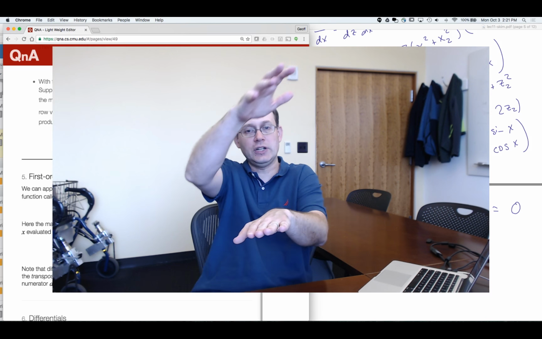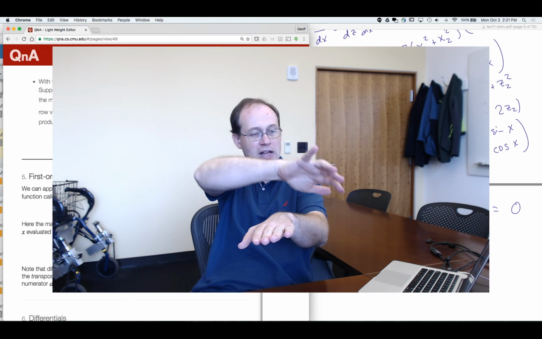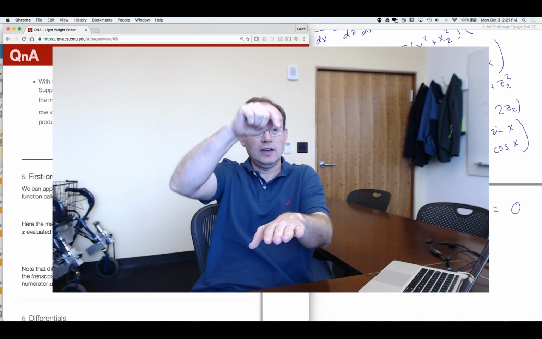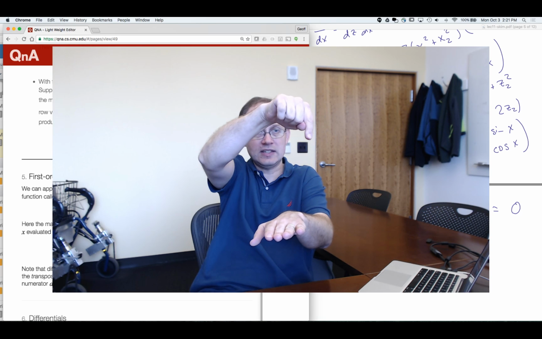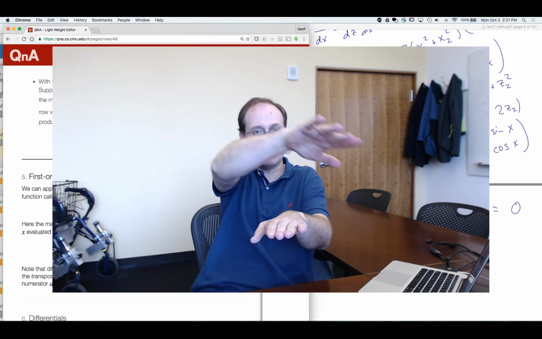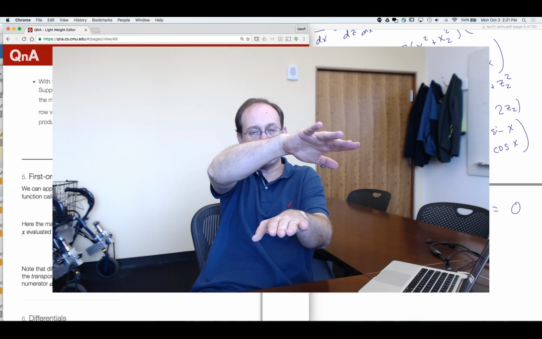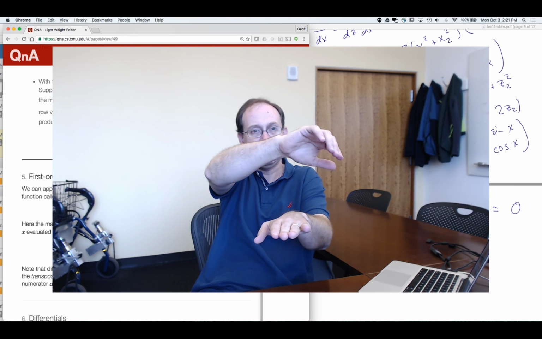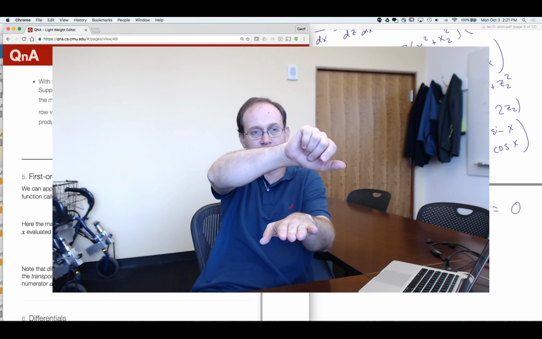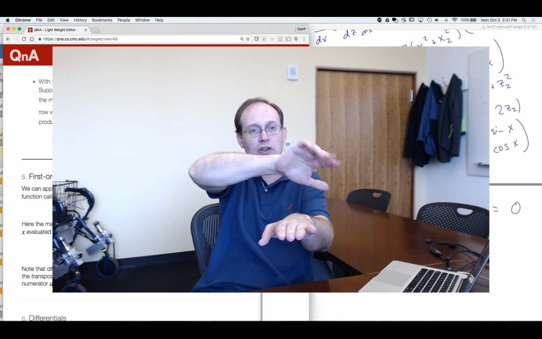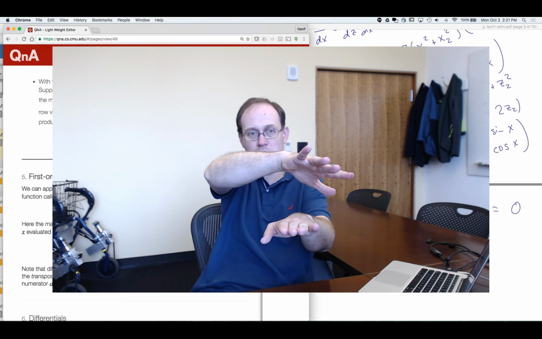The function rises above the plane, so here's the value of the function, and we evaluate the function at a point, let's say here, and we make a linear approximation to that. And that linear approximation is a plane, and it has a slope in the x direction and a slope in the y direction, right? So instead of being a line with just one slope, it's a plane that has a slope in both directions.